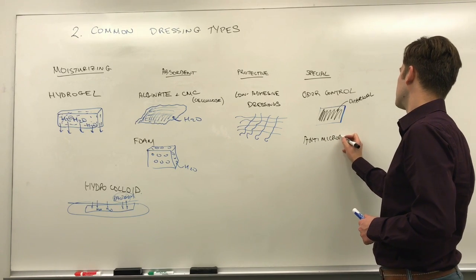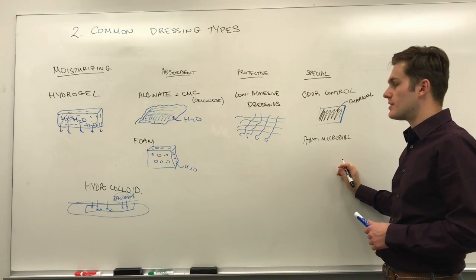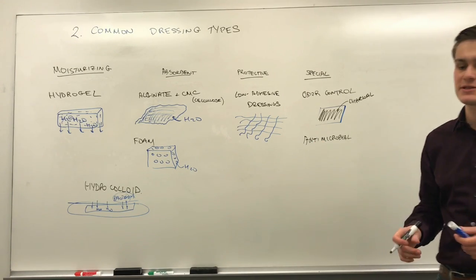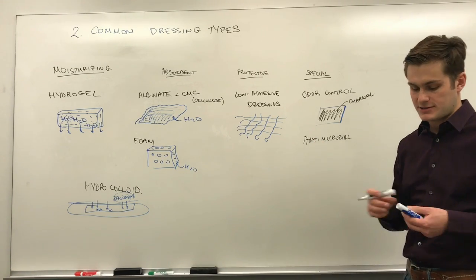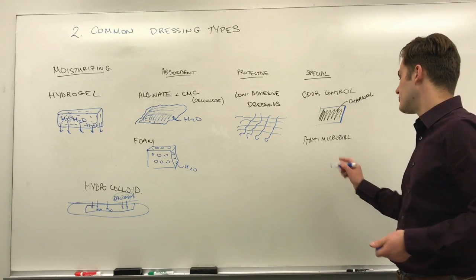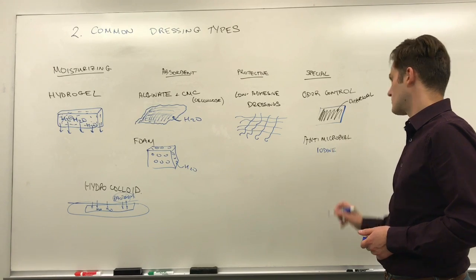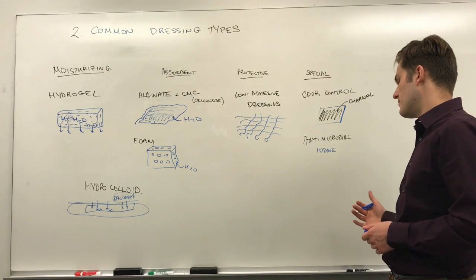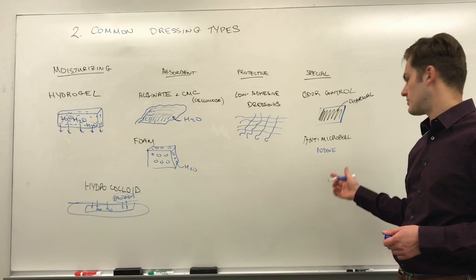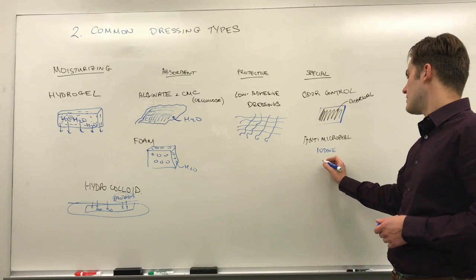And there's also antimicrobial dressings. And these are different types of dressings that are impregnated with certain types of materials, or certain types of compounds. The two main ones that are used are iodine. So the brand name, and this is commonly used on the wards, is iodoform. The iodoform dressing is an antimicrobial dressing.